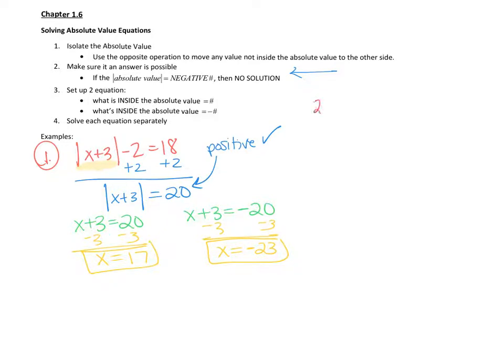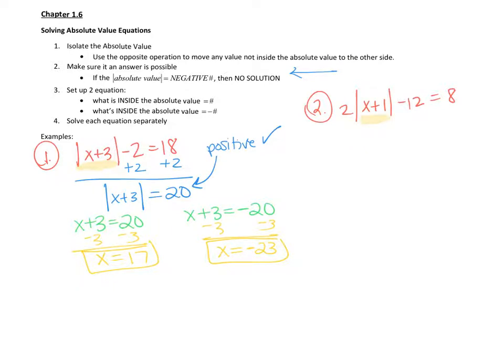All right? Let's look at another example. Okay, so we've got 2 times the absolute value of x plus 1, then minus 12 equals 8. Now, most people, if they're going to make a mistake, they make it right here, and what they do is they start distributing that 2. No, that's not what we want to do.